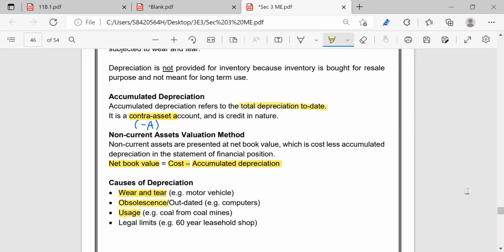Usage: the example given here is your coal mine. If you discover coal in a place, over time the coal will run out. As you keep mining, the coal will get used up over the years. Legal limits: here it is a 60-year leasehold.